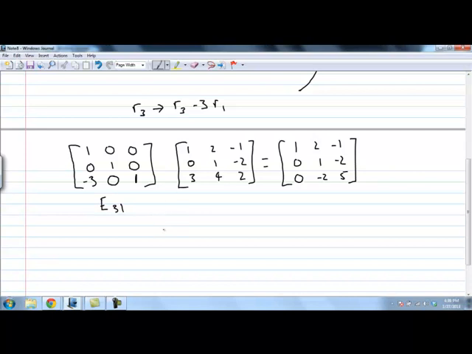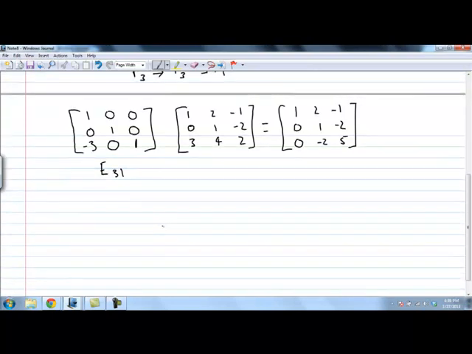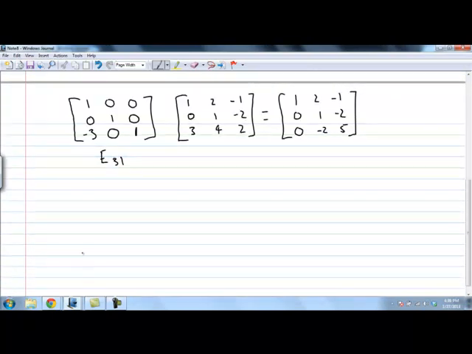We have one more elimination matrix to find. The final matrix that we need to find is called E32. E32 is the matrix that represents the elimination of the 3-2 position.